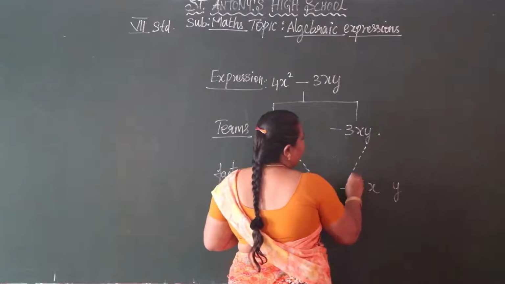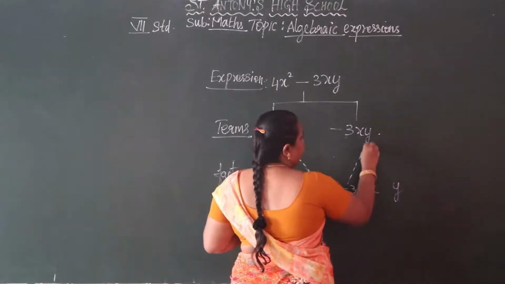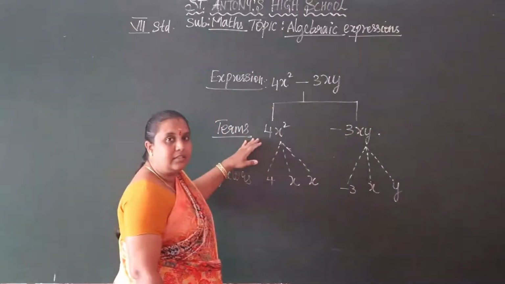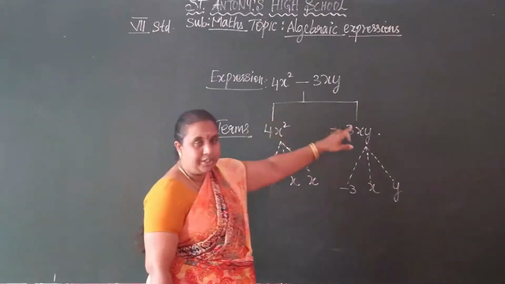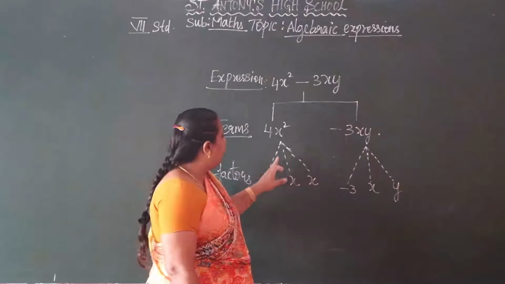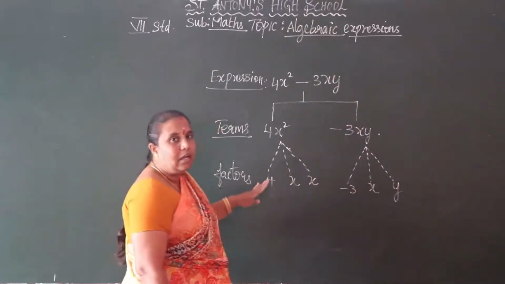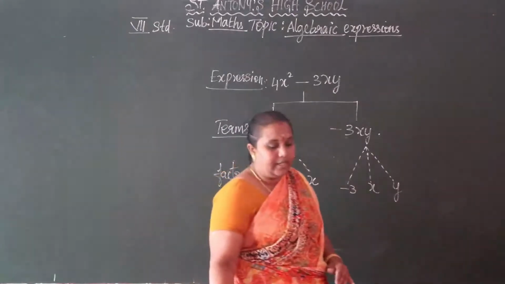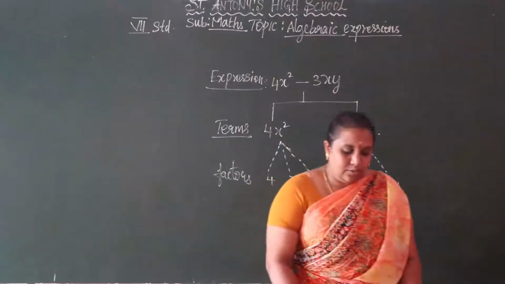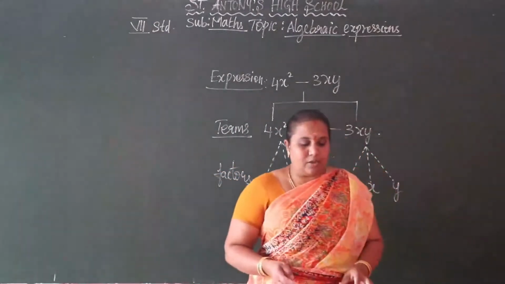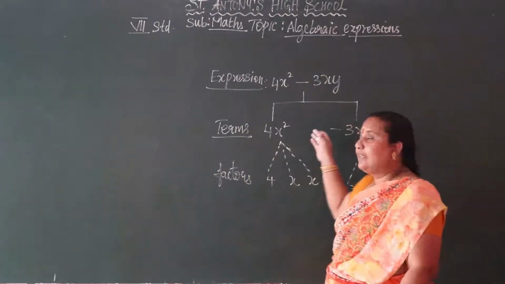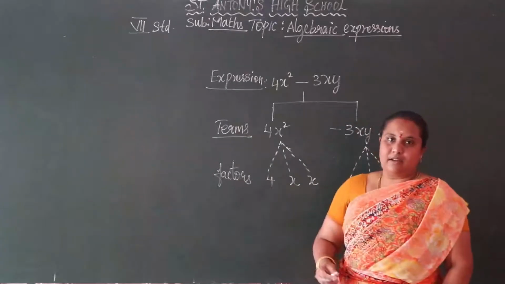We write the terms in continuous lines, and the factors of the algebraic expression in dotted lines. So conveniently we write it like this, as a tree diagram.